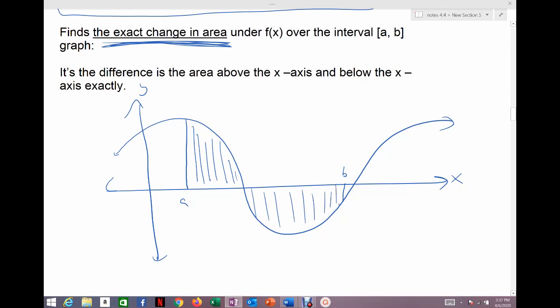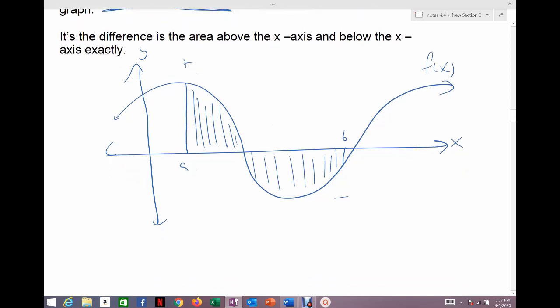Remember, this is my function f of x, so up here would be positive, down here would be negative. And so when I solve the integral from A to B of f of x with respect to x, it's not equal to area exactly. What it does is take the area above, which would be this area, and subtract away this area below.